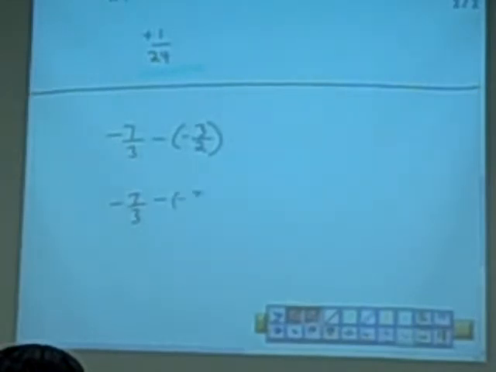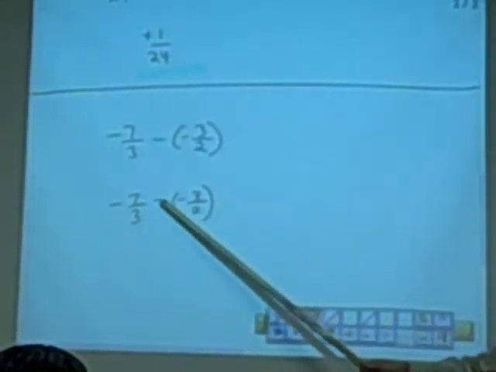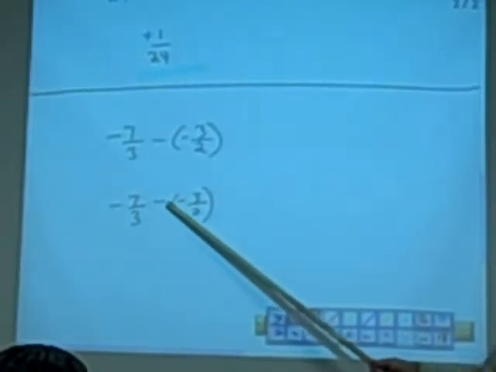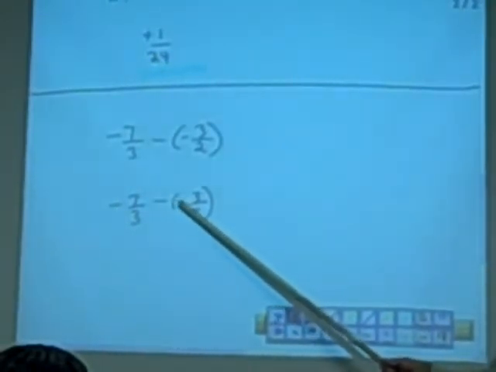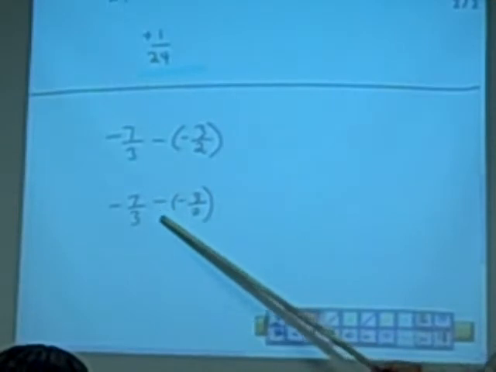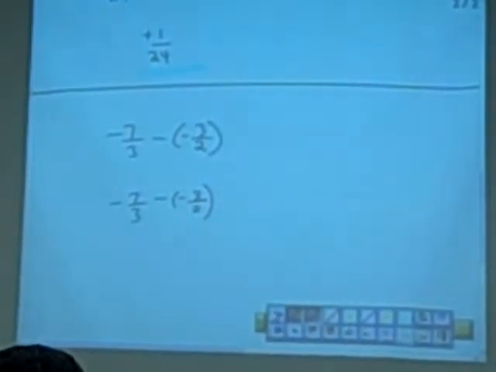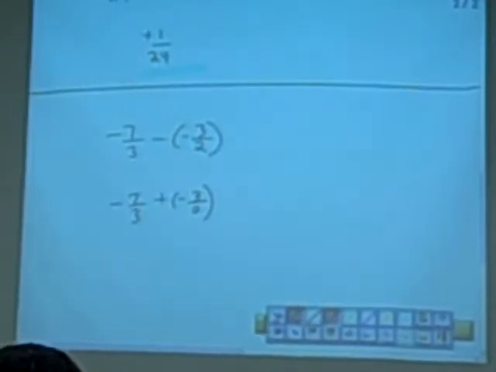Minus a negative 3 over 2. What can we do with that? Can we change these? Well, but even before that, what can we do with these signs? Let's get these signs cleaned up. Plus, right? Change the minus sign to a plus. Change the sign in this next term.